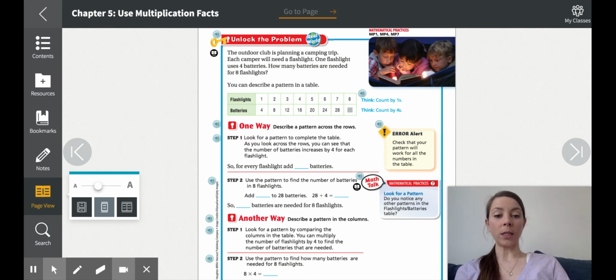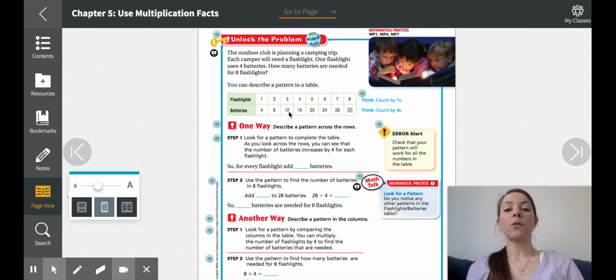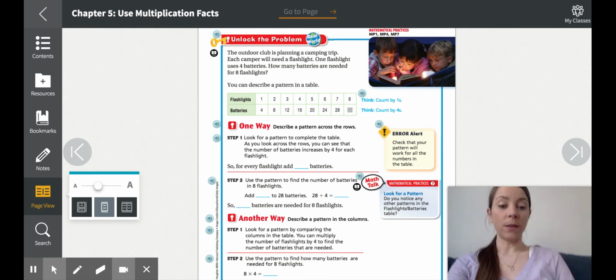The bottom row is telling me how many batteries I would need if I had that many flashlights. If I have 1 flashlight, I would need 4 batteries. If I had 2 flashlights, I would need 8 batteries. If I had 3 flashlights, I would need 12 batteries, right? Okay, so they started the table for us.